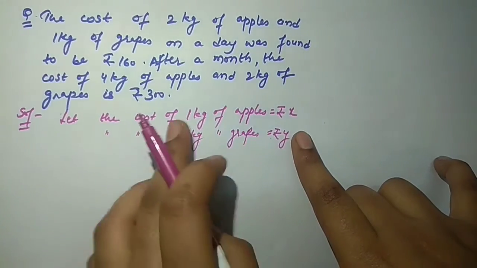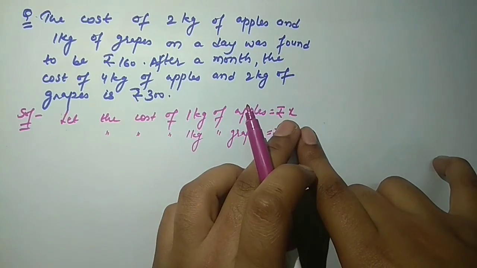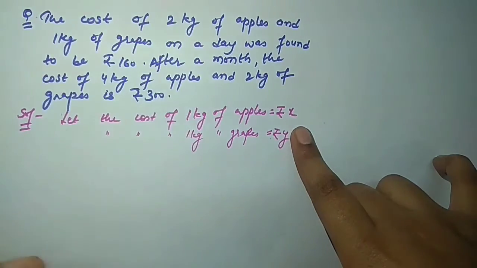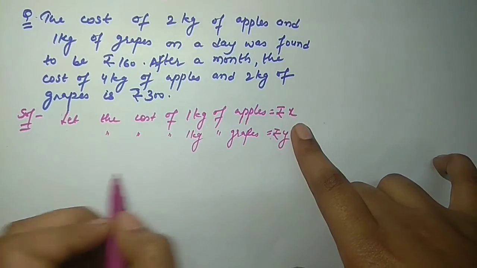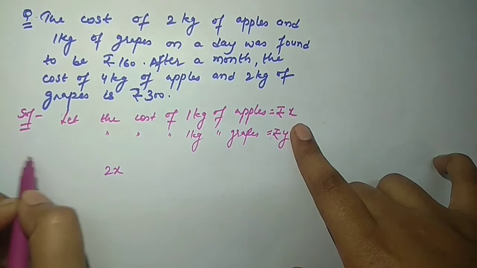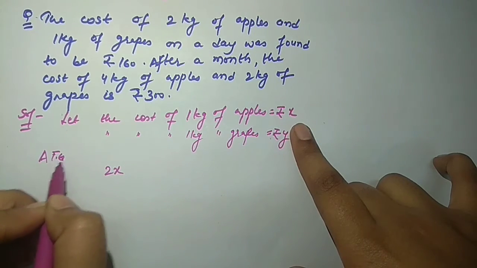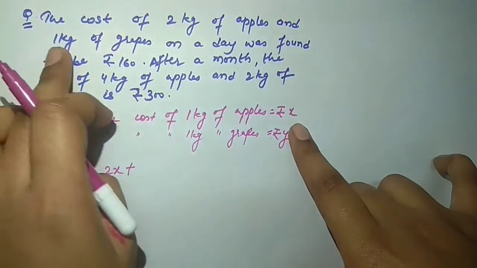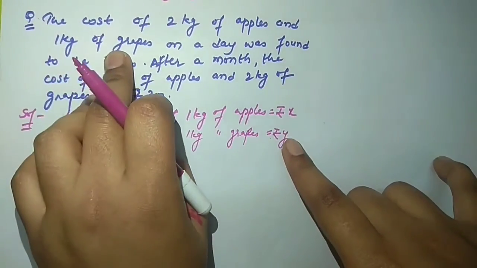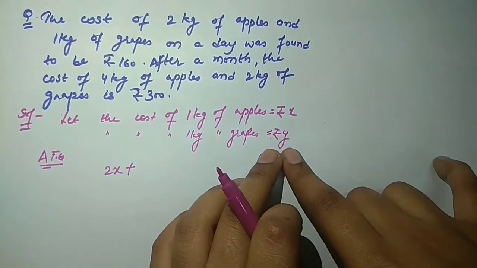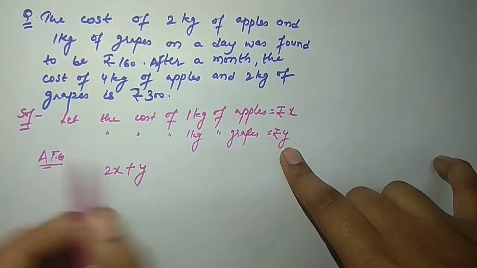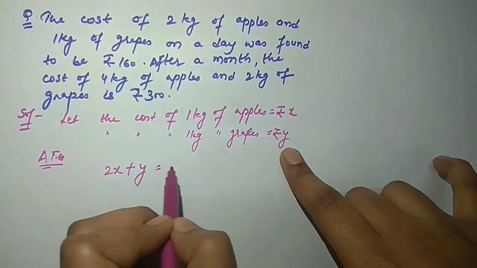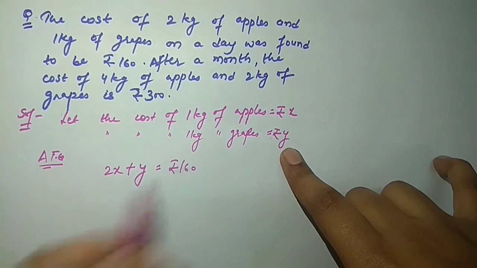If the cost of 1 kg of apples is rupees x, then 2 kg of apples will cost 2x, according to the question. Plus, we have 1 kg of grapes, and 1 kg of grapes costs rupees y. So 2x plus y, that is the total cost, is equal to rupees 160.